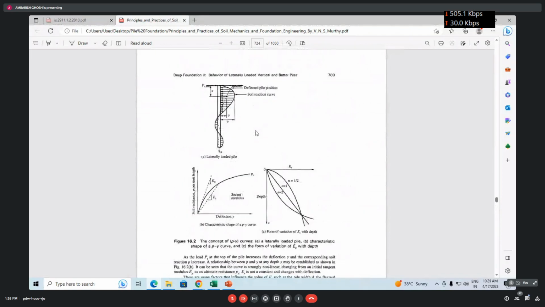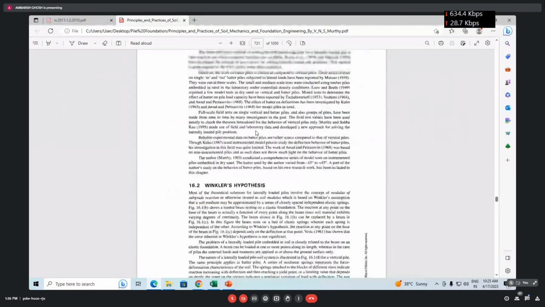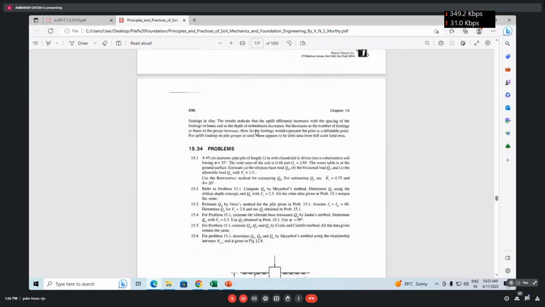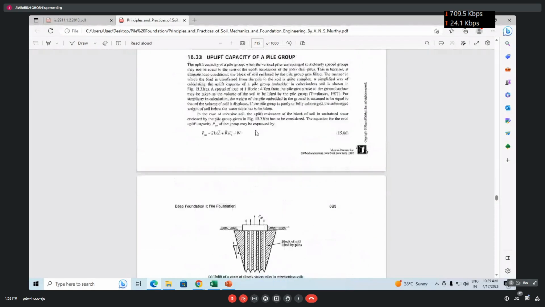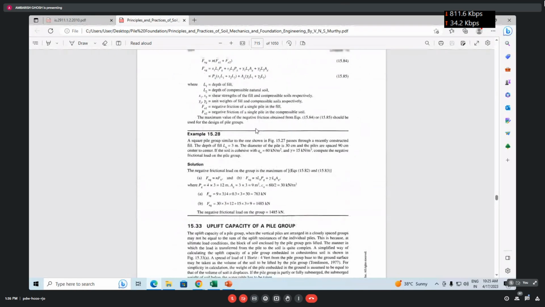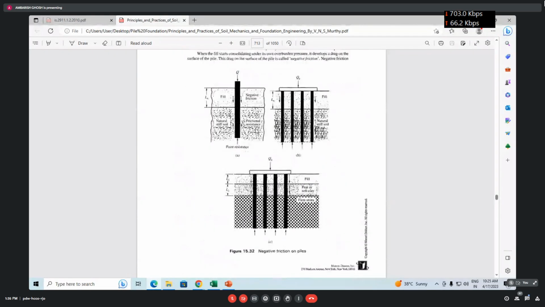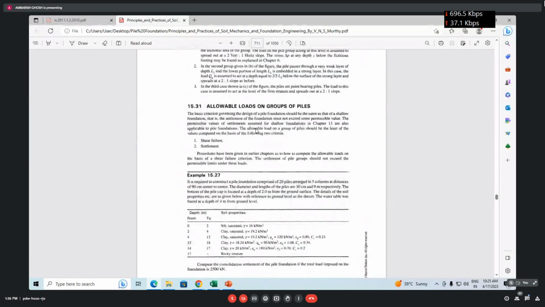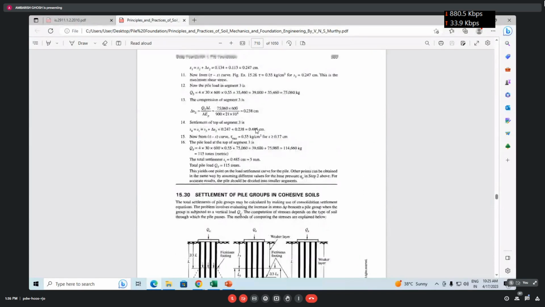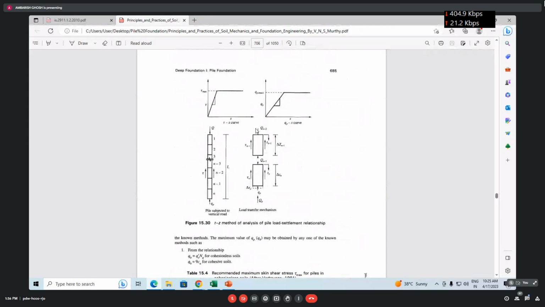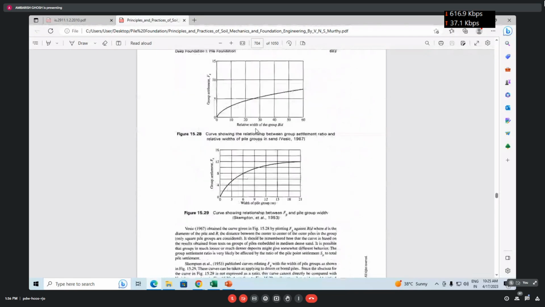Let us solve one problem. Suppose the pile length is 20 meter. Pile length 20 meter, and the pile diameter you take 500 mm. Spacing you take say 3D.